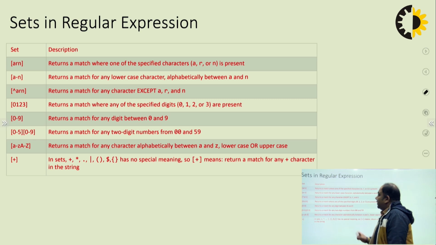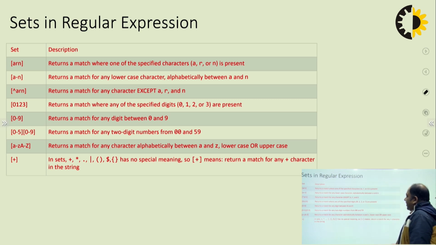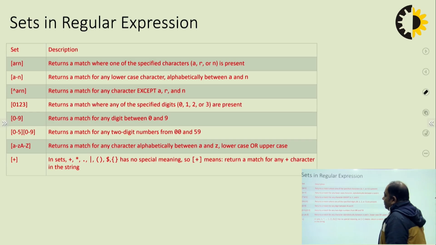Sets: we use [arn], which returns a match for one of the specified characters. [a-n] means all the characters between a to n.